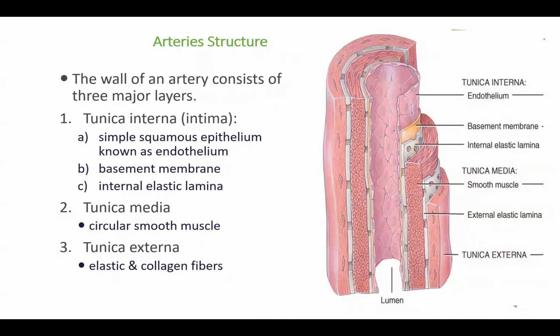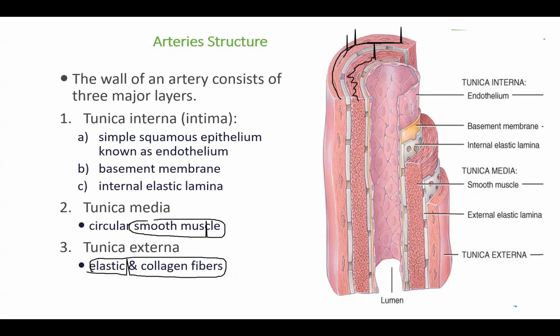Now, we're going to look more deeply at the structure of the artery. Again, the outer layer over here is the tunica externa, which consists of elastic fiber, a connective tissue. And then this over here is the tunica media, which consists of smooth muscle.